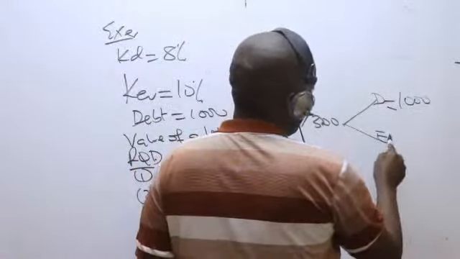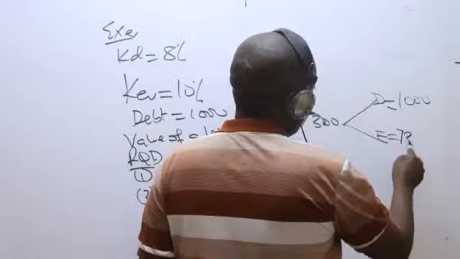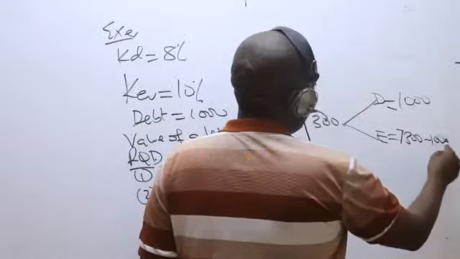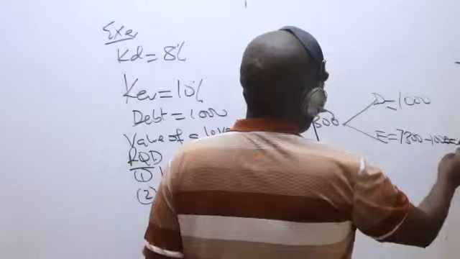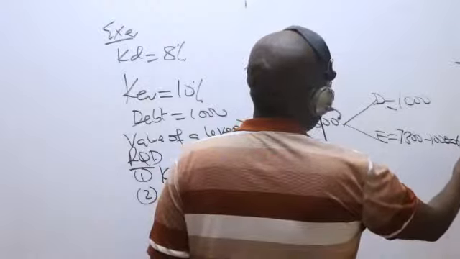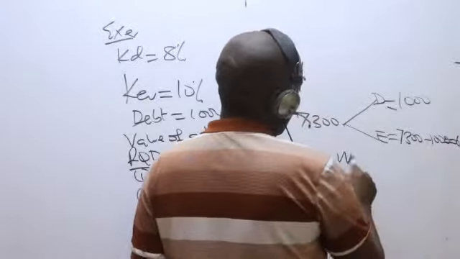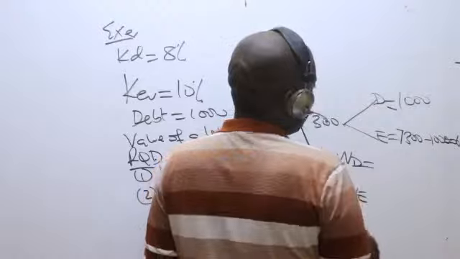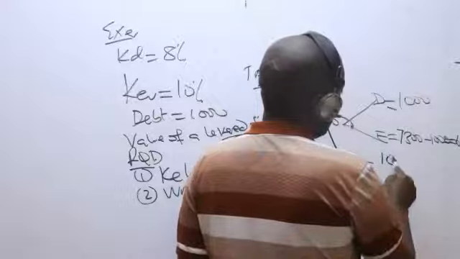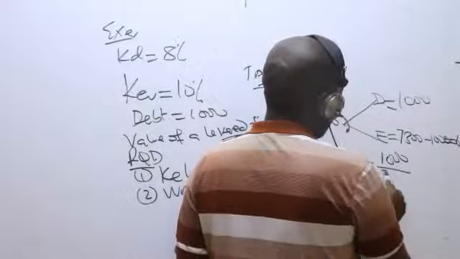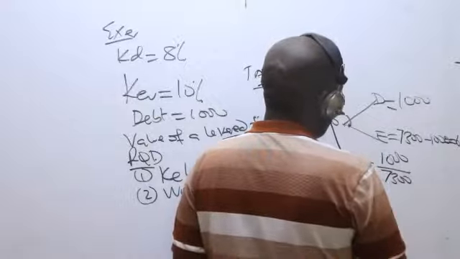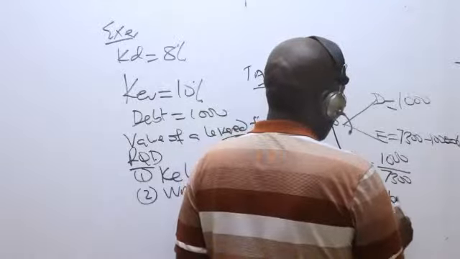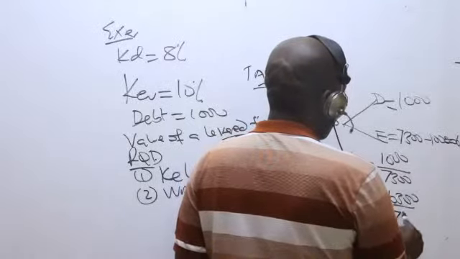So equity will be 7,300 minus 1,000, which gives me 6,300. Out of this, I should be able to get the weight of debt and weight of equity. Weight of debt will be 1,000 out of the total 7,300. Weight of equity will be 6,300 out of 7,300.